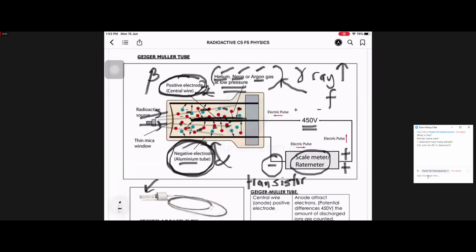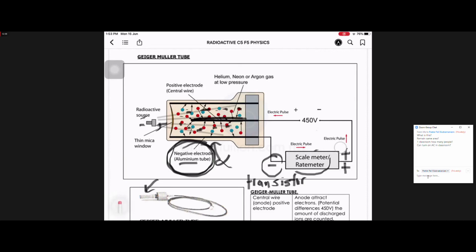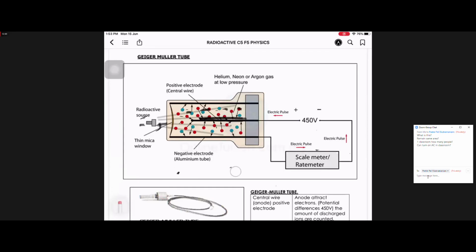When the ions are discharged inside the Geiger-Müller tube, it can be a very tiny amount of discharge, but with the help of the transistor inside the rate counter, we will amplify the current, and it is calculating the number of times current flows per second or per minute.